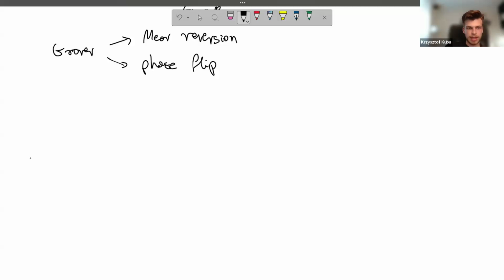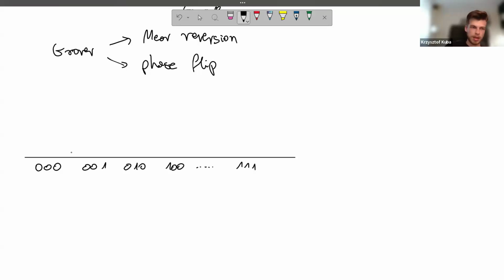So imagine that you have a histogram of all possible queries. Let's make it 8 states for simplicity: 0, 0, 0, 0, 0, 1, 0, 1, 0, up to 1, 1, 1. And imagine we place it in a superposition of all those states. Therefore, we can write that the probability of measurement is just some number.